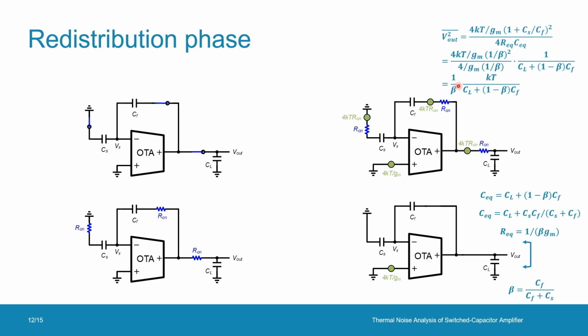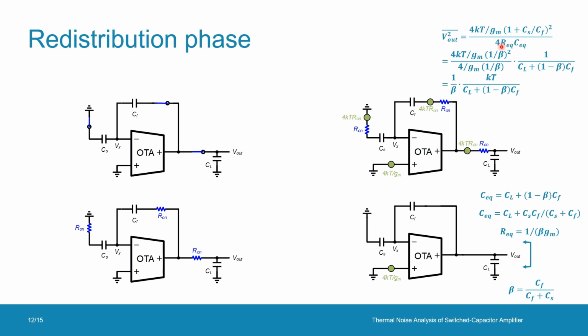Well, just imagine that when the OTA is in unity feedback, the sampled noise power is simply kT over C. The multiplication factor is unity. Now, in redistribution phase with a feedback factor of beta, the OTA noise gets amplified by 1 over beta square.